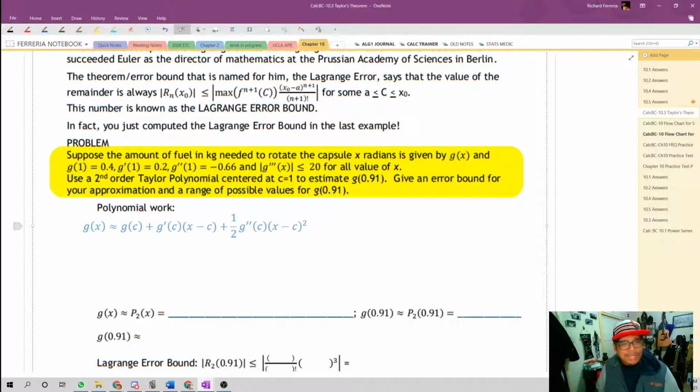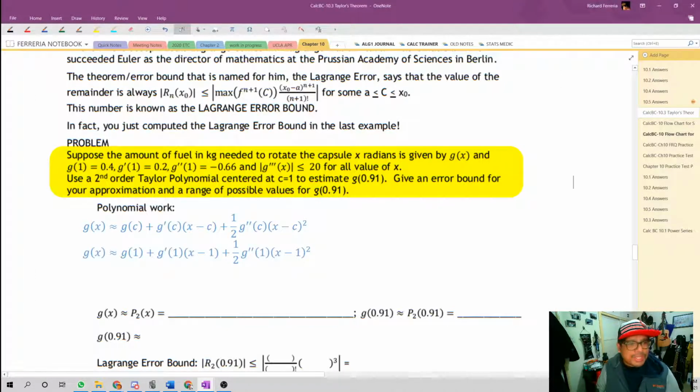We're told that the center of this polynomial is going to be 1. So we'll just substitute 1 for c. And then furthermore, we have values for g of 1, g prime of 1, and g double prime of 1. So we'll substitute those in now. And then we'll just go ahead and clean up a few of those multiplications and clean up the algebra to create our second-ordered Taylor polynomial. Okay, that wasn't difficult.